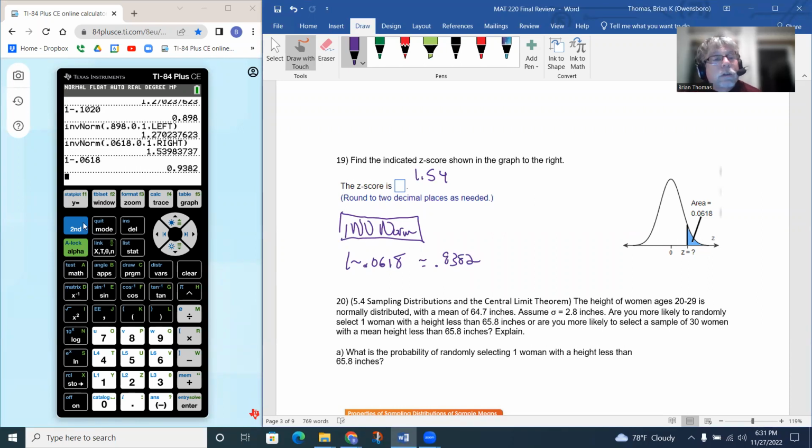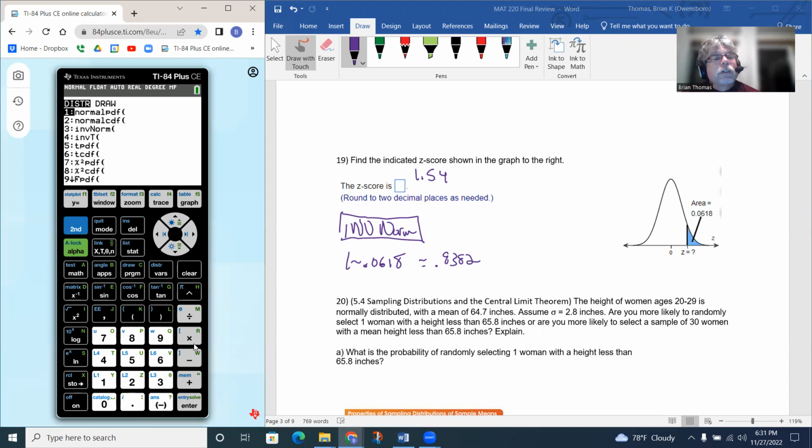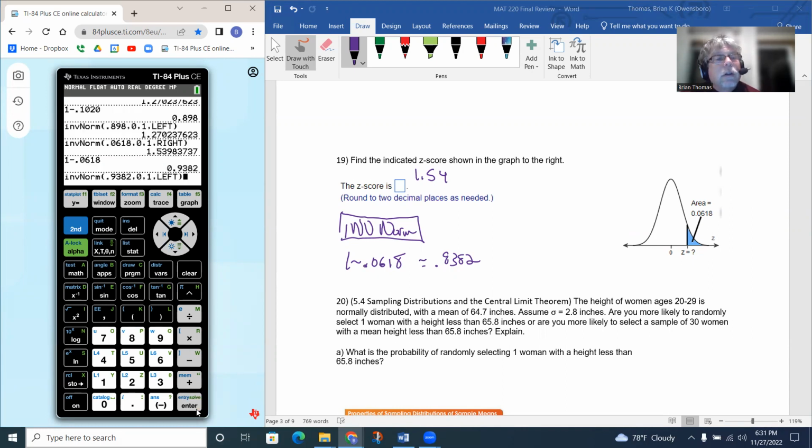So if I get second distribution, if I choose number 3 again, if I use the 0.9382, I can't read my own writing there. I think that's 0.9382. This would now be left skewed, area to the left. And that's how I get the same answer of this 1.54. So there's a couple ways to do that.